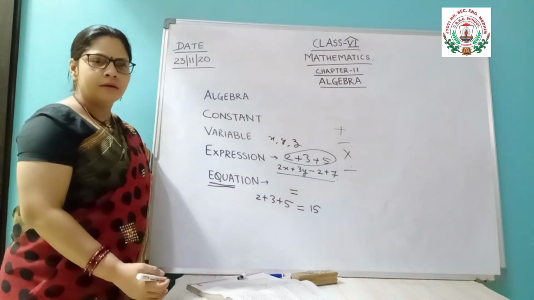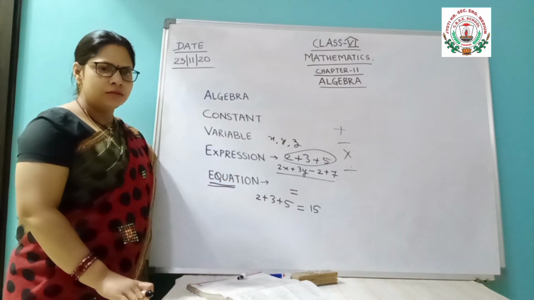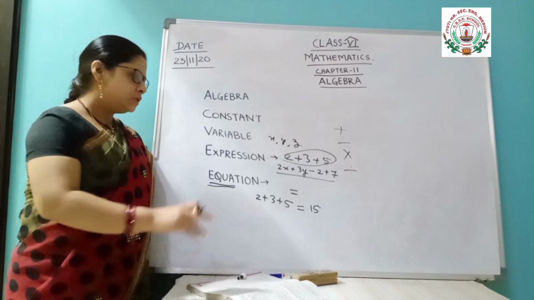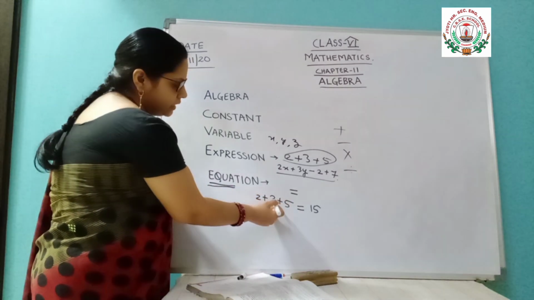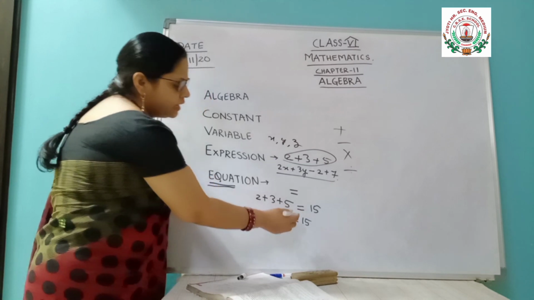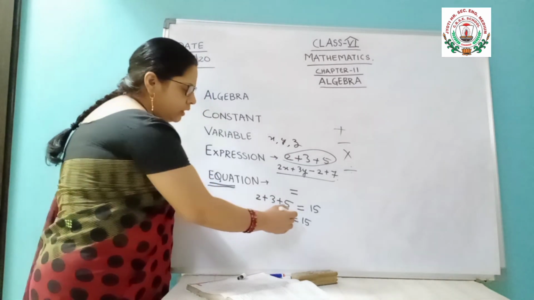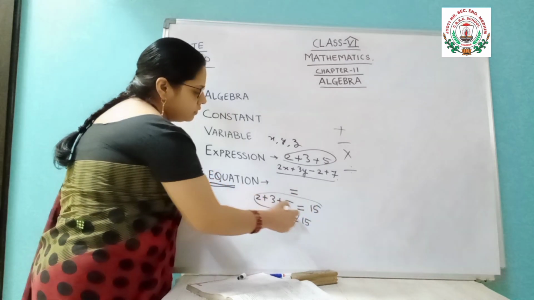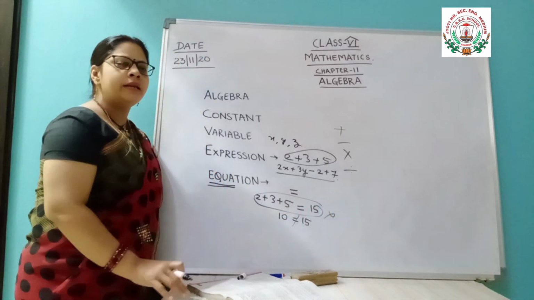This is numbers only, and you know the calculations. Just check: 5 plus 3, 8. 8 and 2, 10. Is 10 equal to 15? No, it is not equal. So that means it is wrong, so this is not an equation.